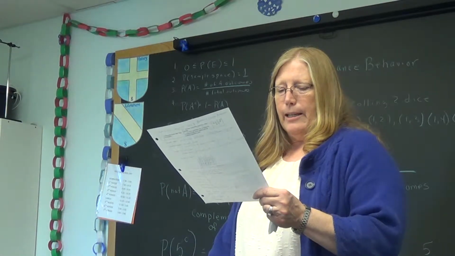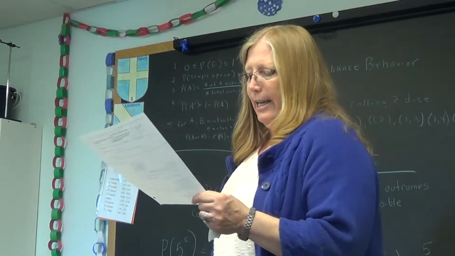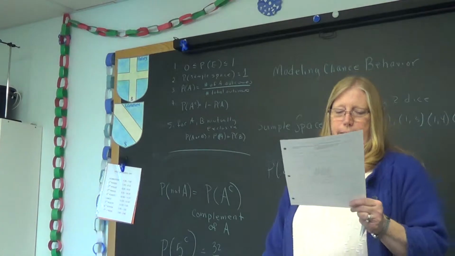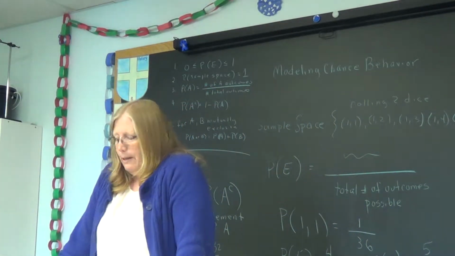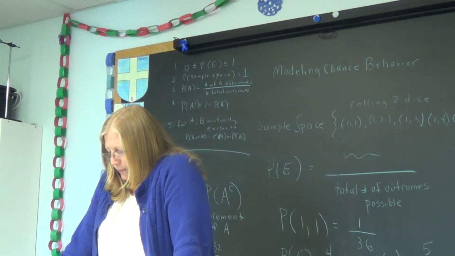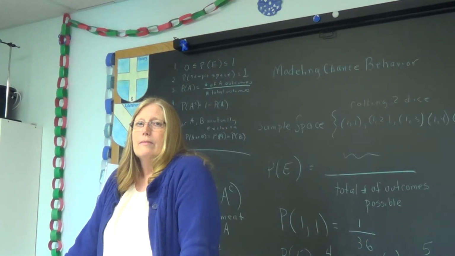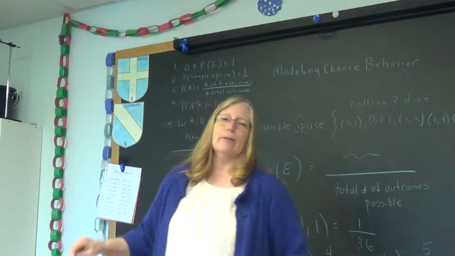All right, say in plain language what the event A or B is when I say, what is the probability of A or B? So in this case, Elena, what would that mean if I want to ask for the probability of A or B? So you're just finding the chances that you would get the result of A or B. Right, but you need to tell me what A or B is in plain language.